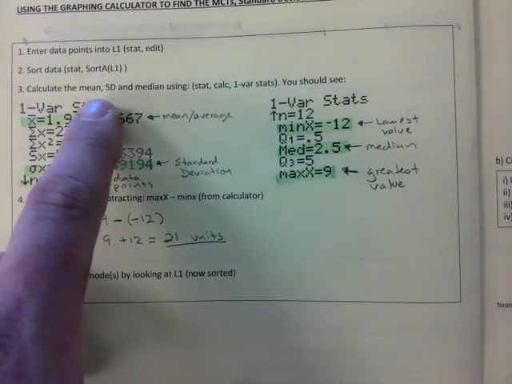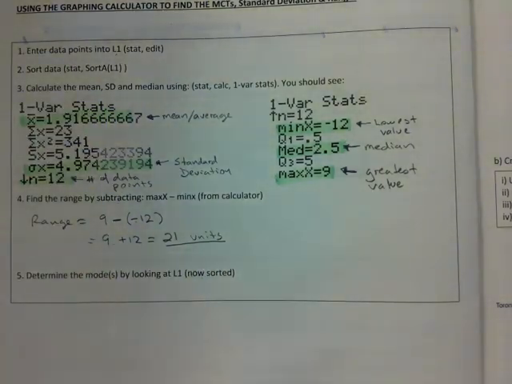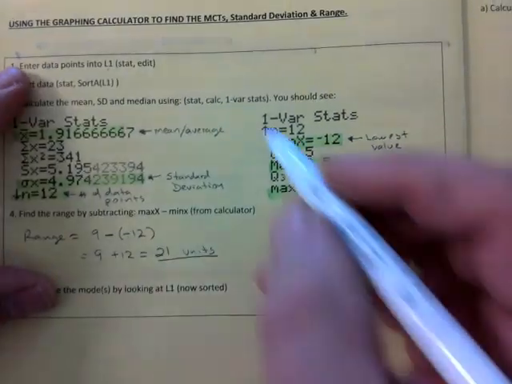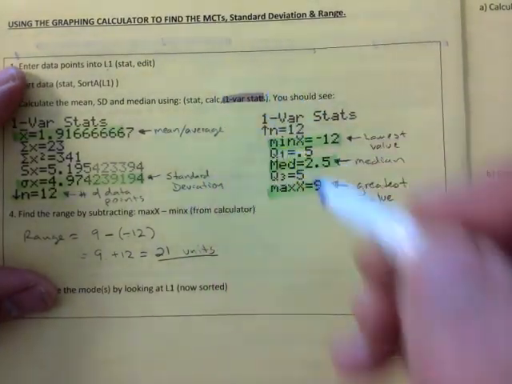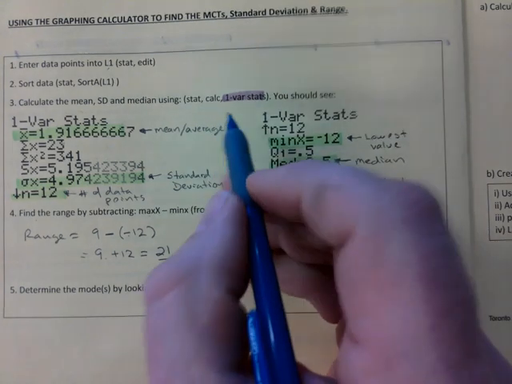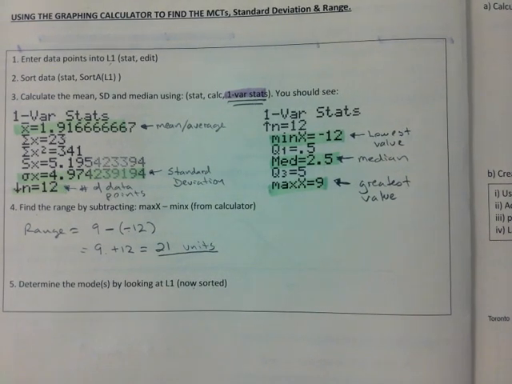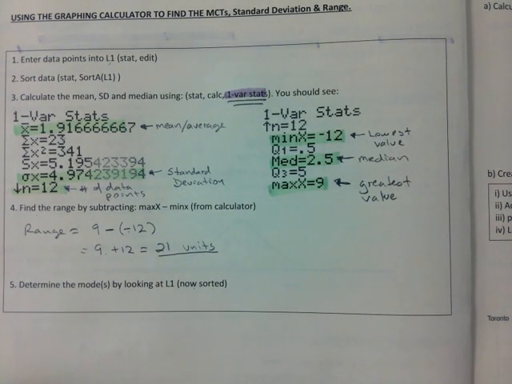So if you use one variable stats, okay, that's probably, for me right now, very important that you know to use one variable stats because it gives you everything, the MCTs, right? And obviously know how to sort, right? But make sure you know how to access one variable statistics. Okay.